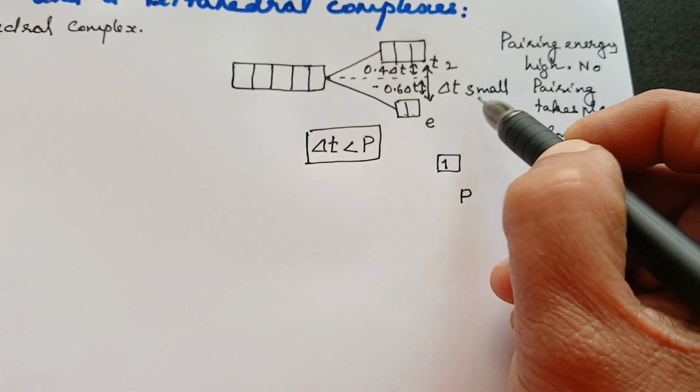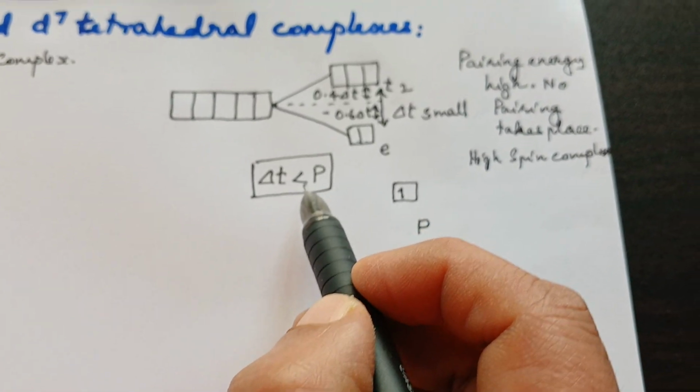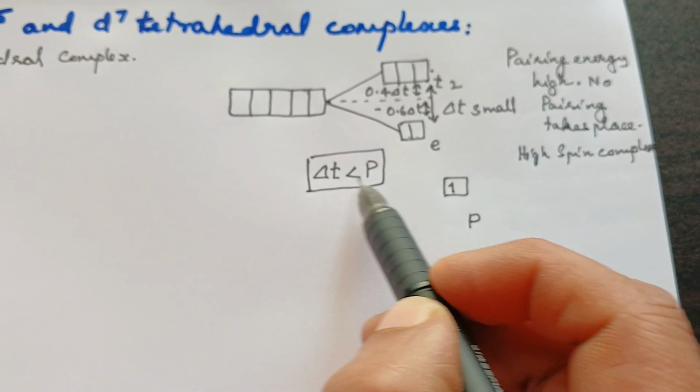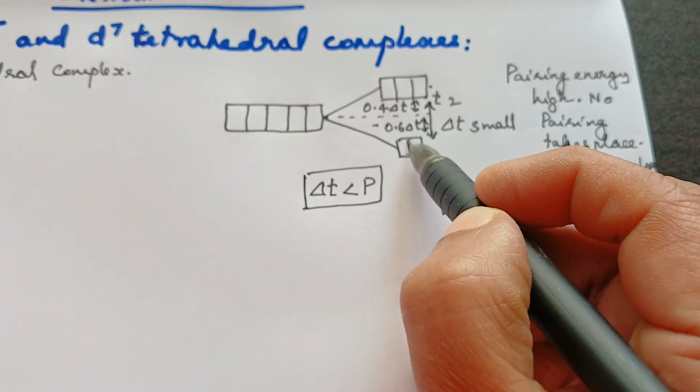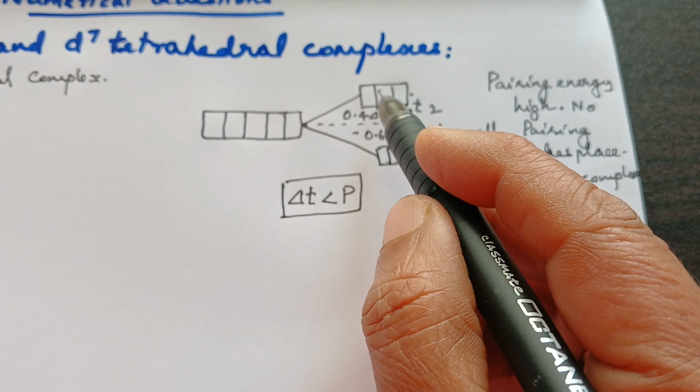But if the pairing energy is greater than delta T, that is, this energy gap is less than the pairing energy, then the electron can easily go from a lower level to a higher level.